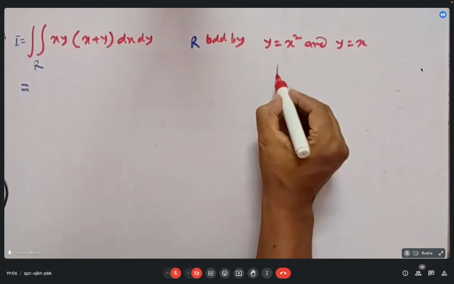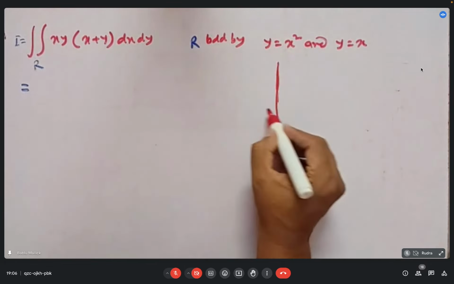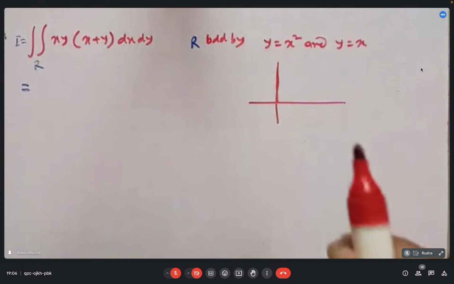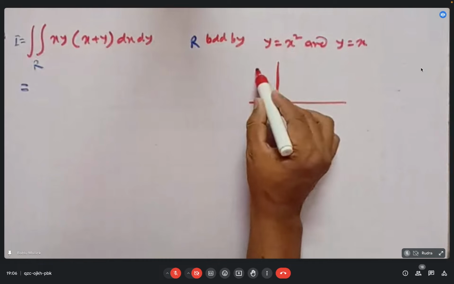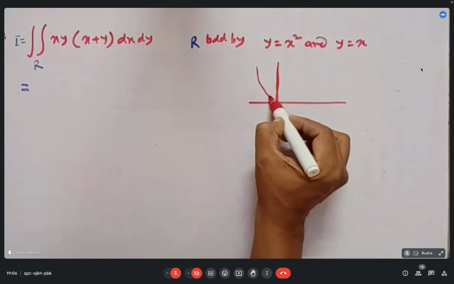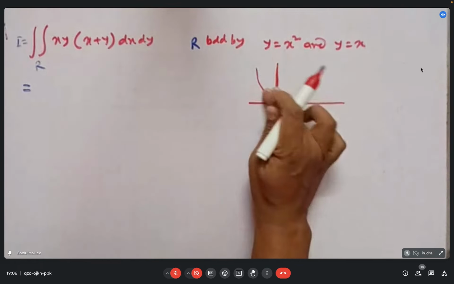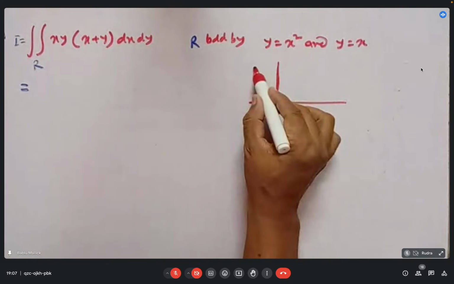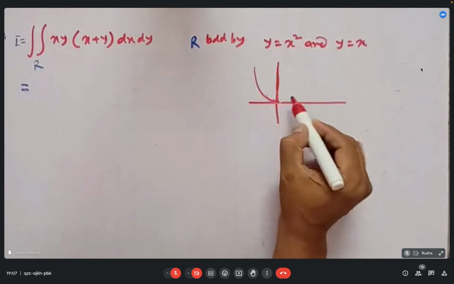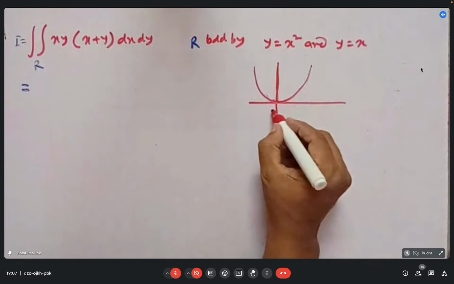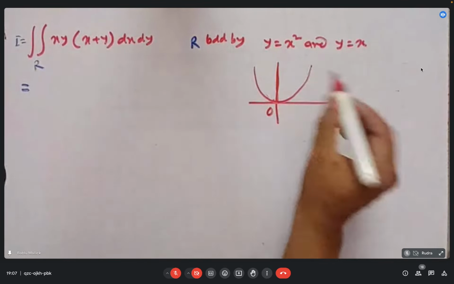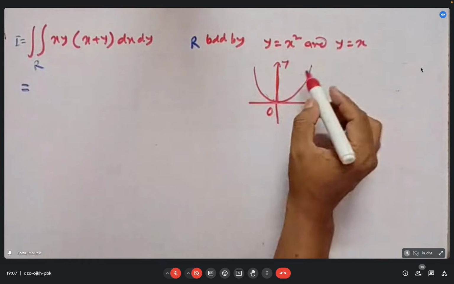First you have to draw the diagram. So y is equal to x square. It is a parabola of this type. This is the origin, this is the x-axis, this is the y-axis.